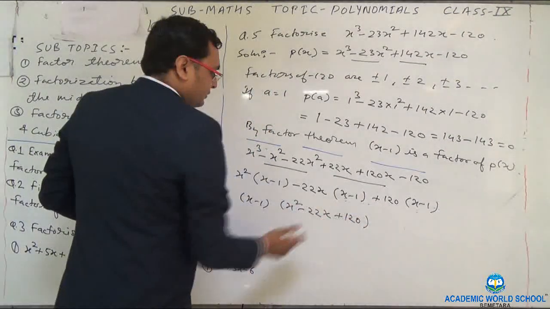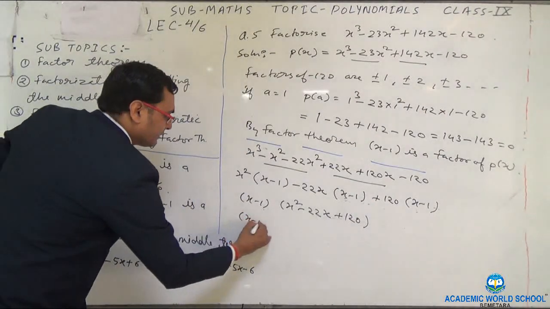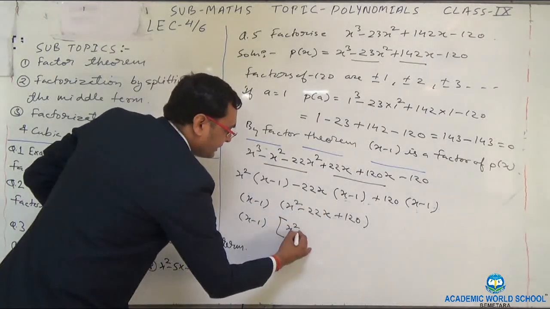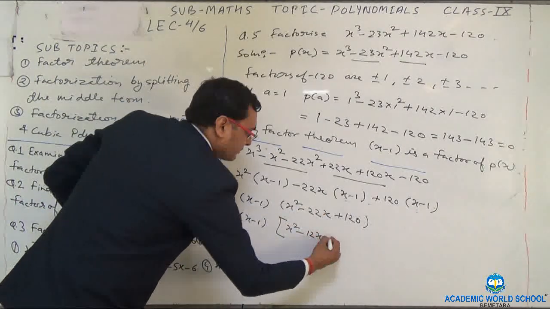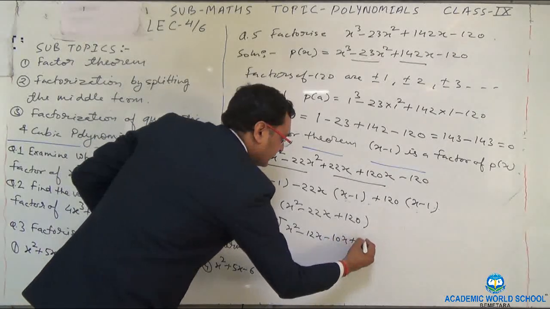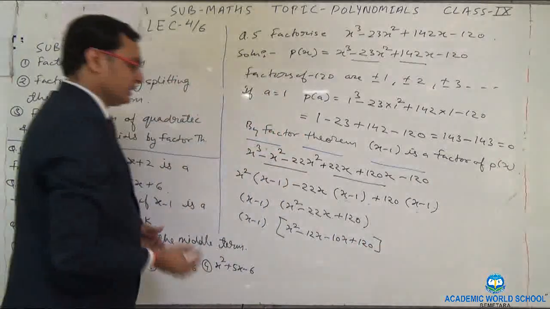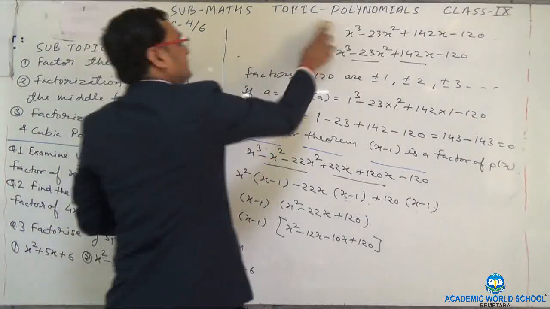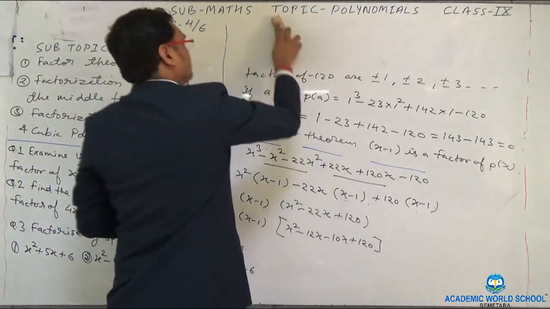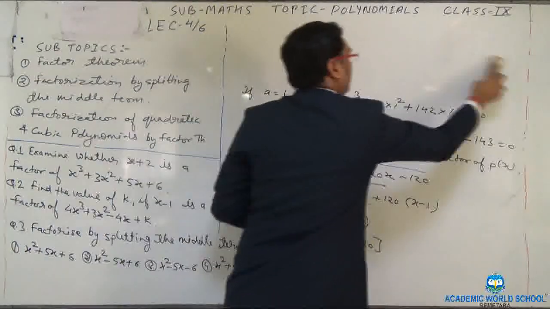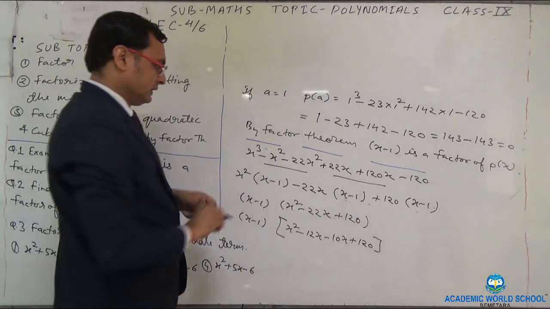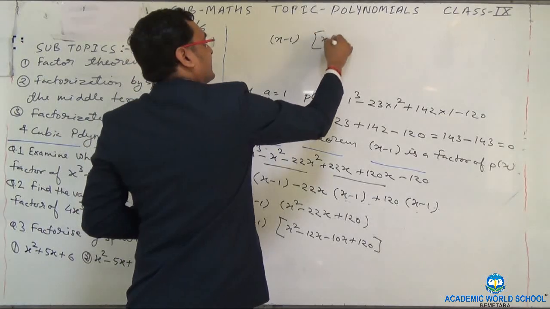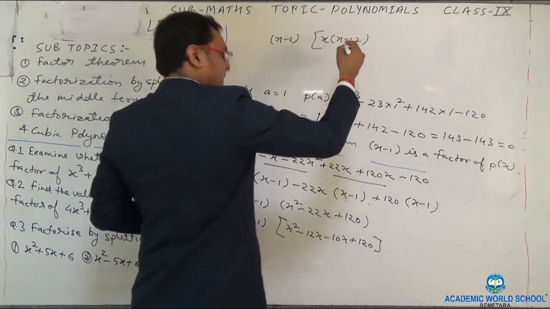Now factorize this using the splitting of the middle term: x minus 1 into x square, the middle term will split into minus 12x minus 10x plus 120. Further, do the factorization. x minus 1 taken common, x minus 12 into x minus 10.